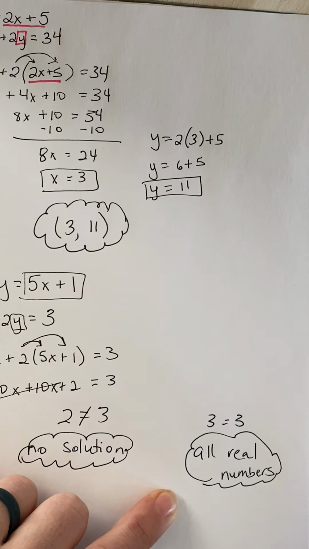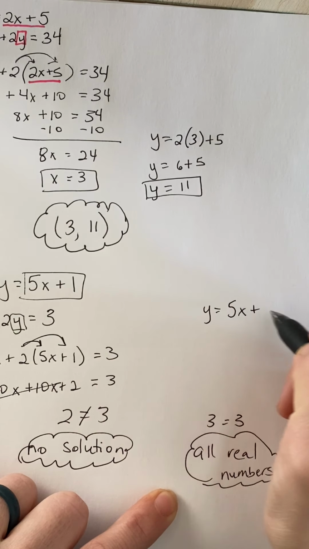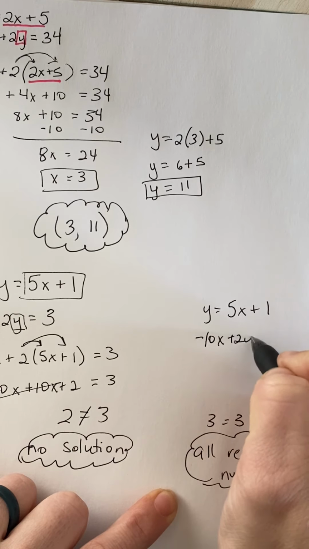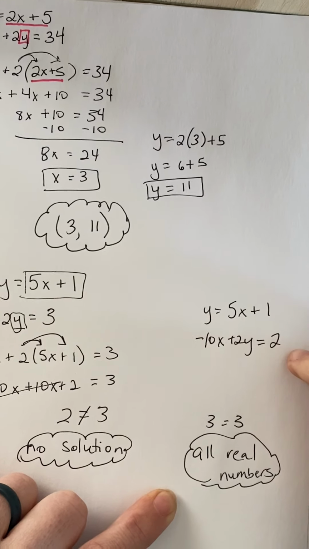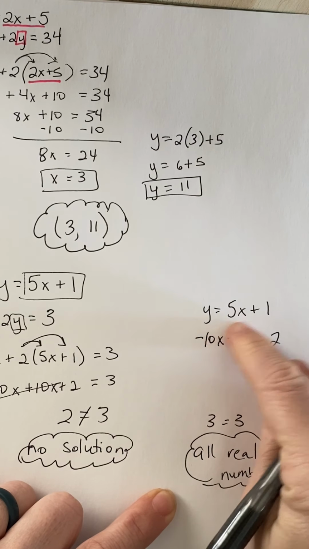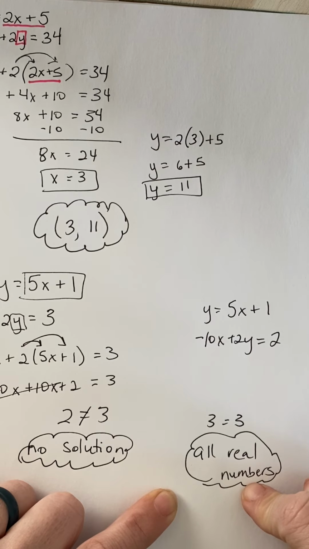Those ones are pretty obvious usually, but it might not be as obvious if it looked like this. Okay, these are actually the same line. If you solve them, when you add 10 to both sides and divide by 2, you get 5x plus 1. These would have a solution of all real numbers because they are the same line.